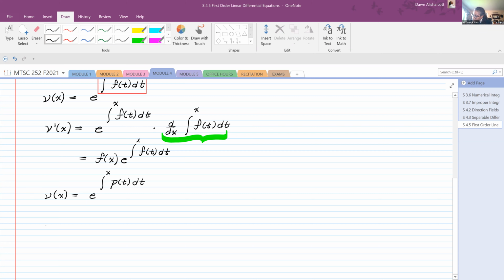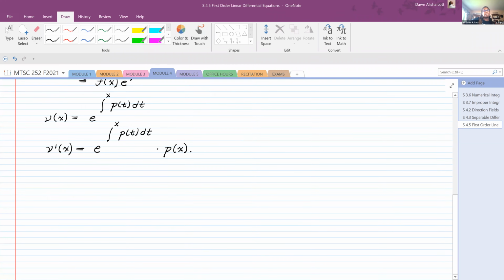Then when I find nu prime of x, that's again going to be e to the integral of p of t dt, but I'm going to multiply by the derivative of that exponent, and we now know the derivative of that exponent is just going to be p of x. Okay, so I want to use that.